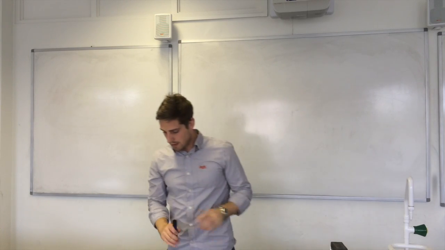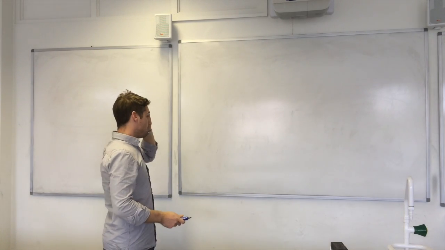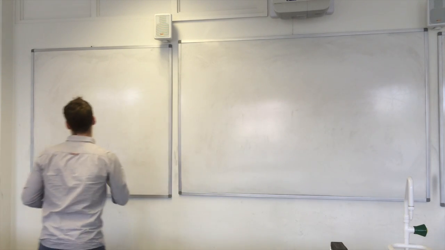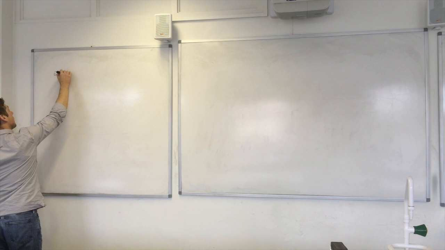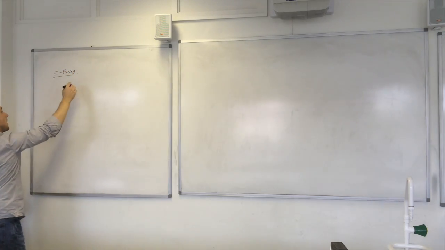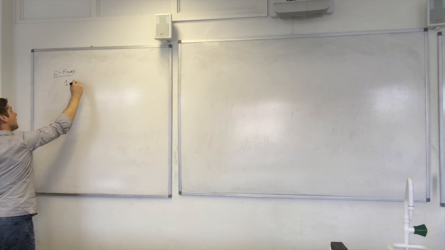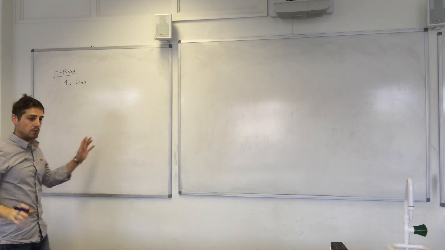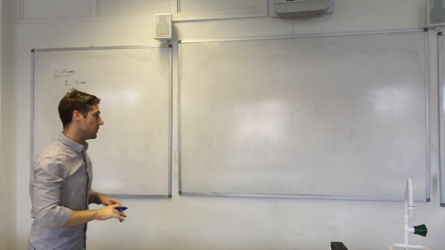Right, electric fields. We'll start off with the convention for your electric field. Firstly, the lines. We're going to use lines just like we did with the magnetic field to represent the field.